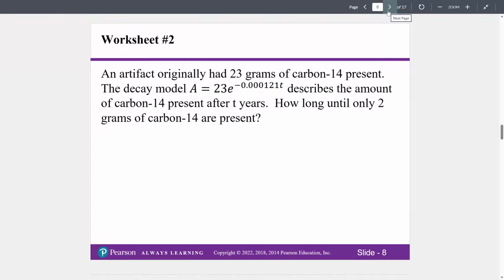So we can use it to figure out how old an item is. We're really just asking how old the artifact is. We know that in the end we expect it to be only 2 grams.